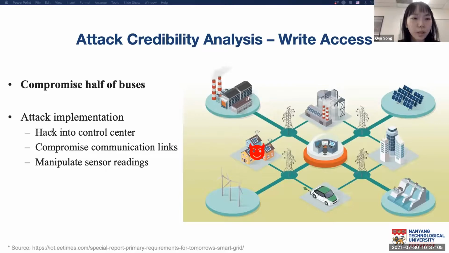For example, maybe we can compromise the communication links using some cyber attack techniques, or we can manipulate the smart meters or some sensor at the customer side to add the attack. Did I answer your question?